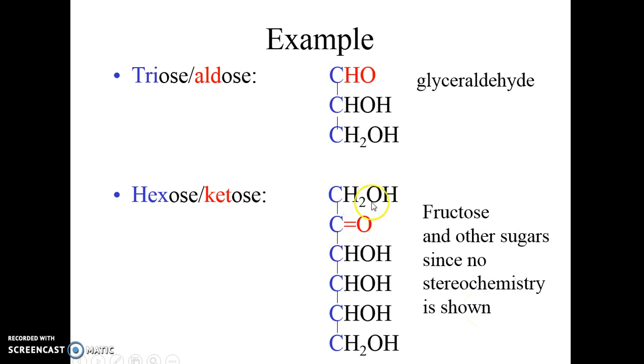Other sugars will have the same look. Fructose has a specific stereochemistry, and there are other ketohexoses that have the same structure but a different stereochemistry than fructose. So this really is a very generic drawing of a monosaccharide.